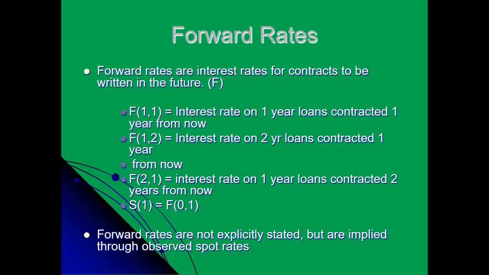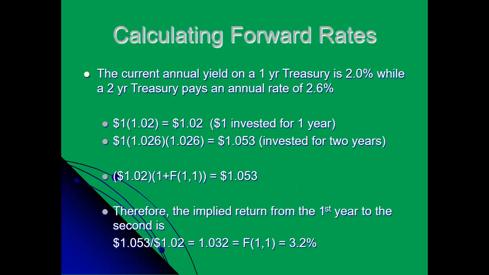Again, just like here, F11, 1 is the contract, so the time from today, and the next one will be on the contract itself, or the loan, the interest rate on 1 year. So here, 1 is 1 year from now, and then that's 1 year, and the next is 2 years. So the difference would be 1 year, and the 1 will be for basically the interest rate on 1-year loans. So that's going to be 1.053.